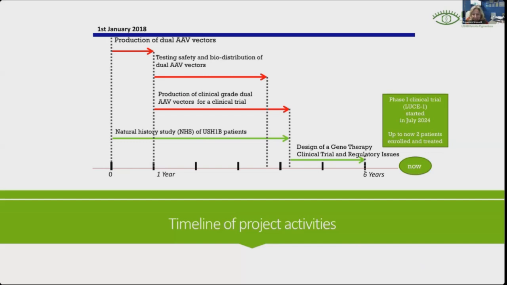Both these parts of the project finished about 2 years ago, and then we designed the gene therapy clinical trial. So we started a phase 1 clinical trial last July, treating the first patient.